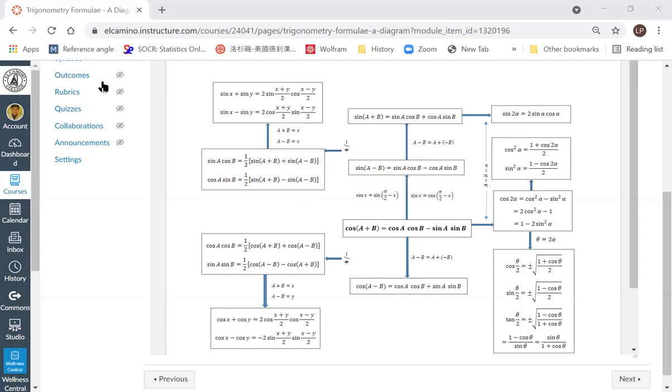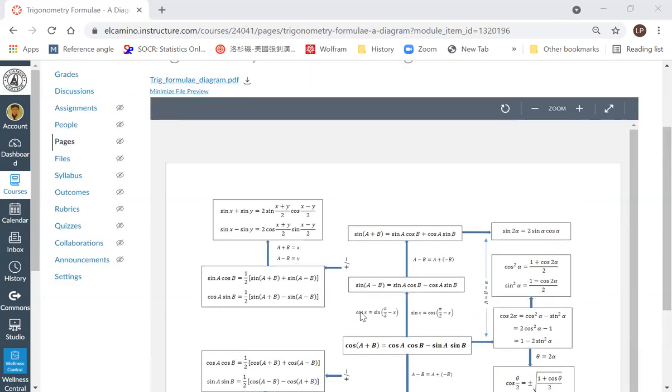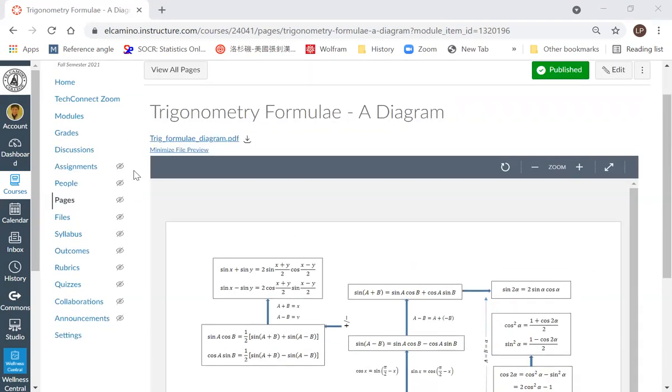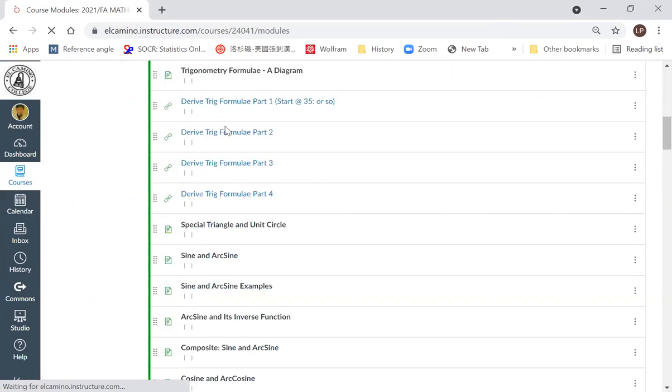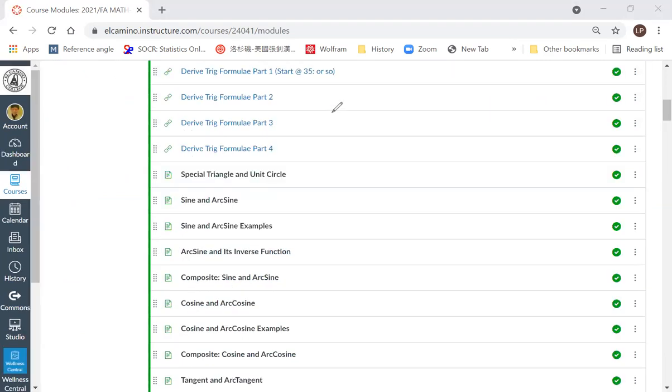So keep going, right? This is a chart. And my recordings tell you how they're derived.